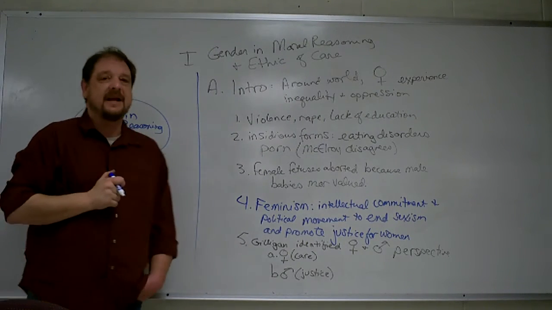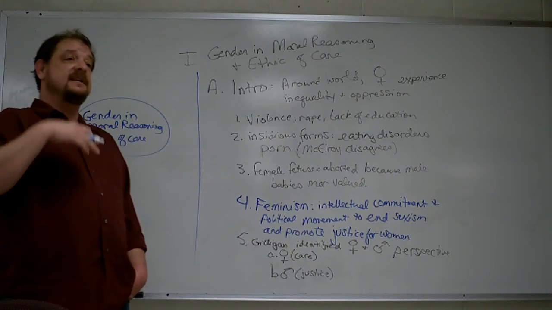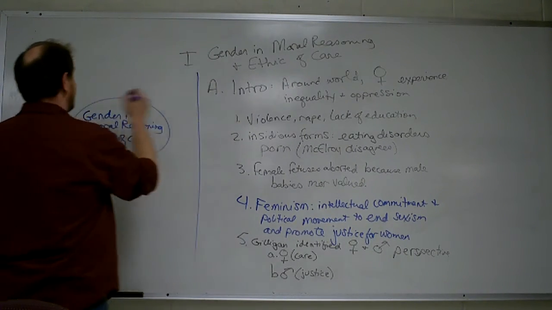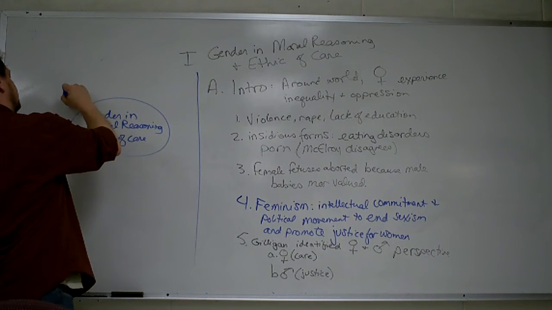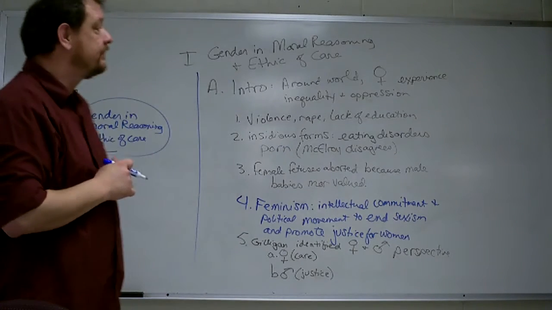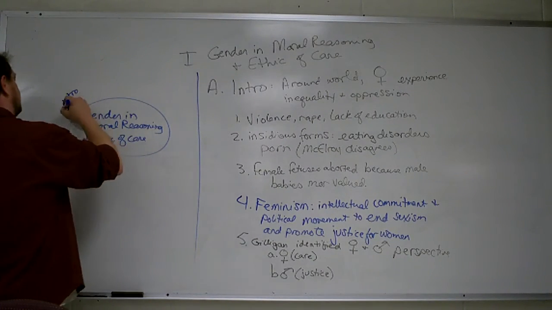So that's our main idea. What are the ideas that develop it? Well, the thing that falls underneath it first is A, the introduction. And in our introduction, it says, around the world, women experience inequality and oppression.